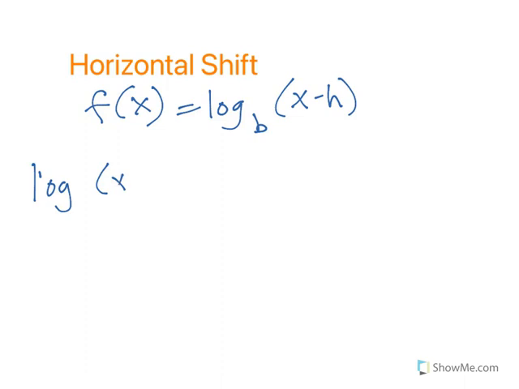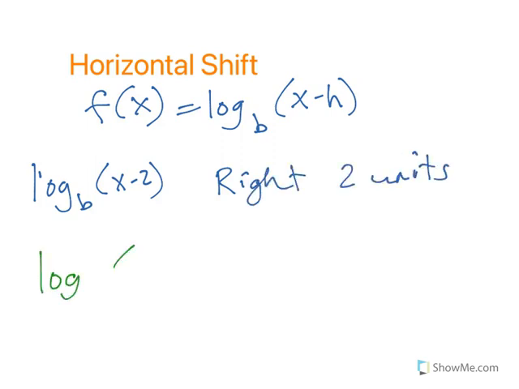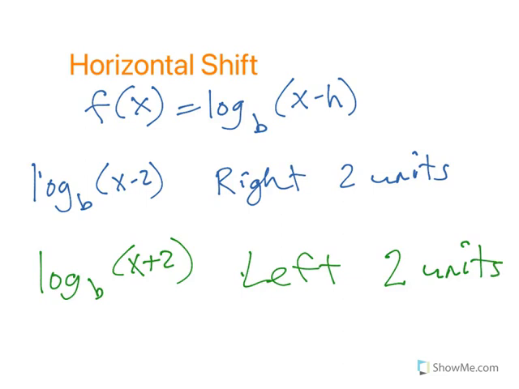If I have the log of x minus 2 base b, it doesn't really matter what the base is, this is going to shift right 2 units. And if I have log of x plus 2 base b, this shifts left 2 units.